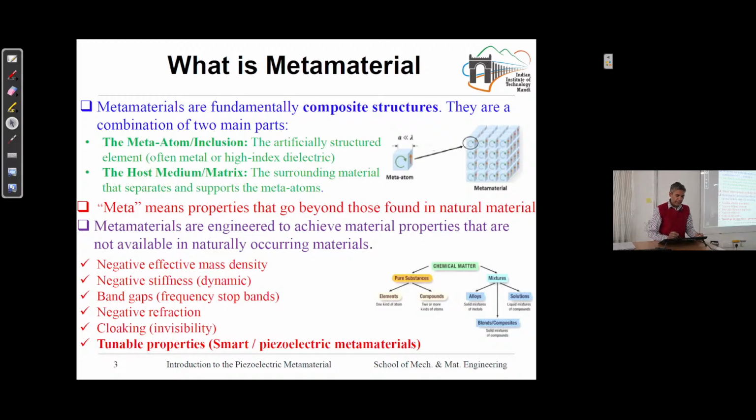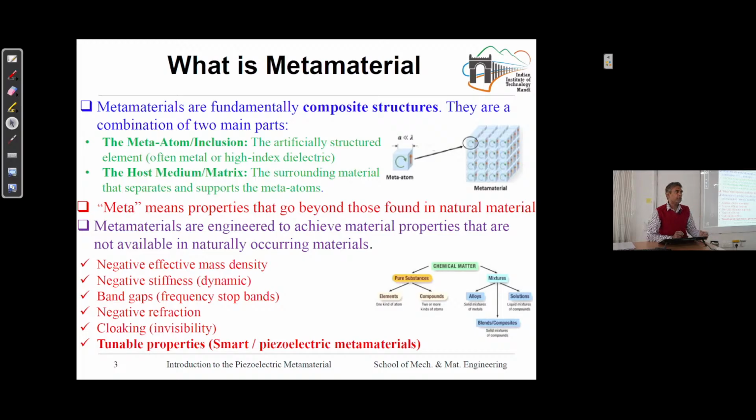Now, in this course, the so-called GIAN course, we are concerned with piezoelectric materials. With the help of piezoelectric materials, we can have tunable properties. So we have options. We can make piezoelectric metamaterial, or some other type of metamaterial, for example aluminum metamaterial, copper metamaterial, and so on.